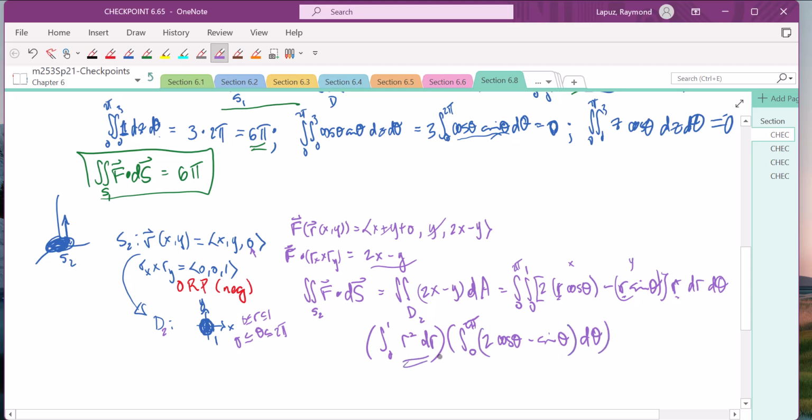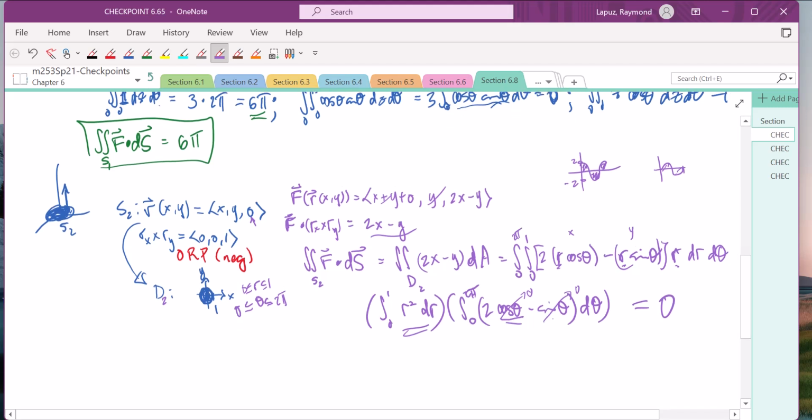And again, when we integrate cosine theta from 0 to 2 pi, the area on top and the area on the bottom are going to be the same, so this is going to give you 0. And the sine, the same thing. From 0 to 2 pi, those areas are going to be the same, one on top and one on the bottom, so that's going to be 0 as well. So this whole thing is going to give a contribution of 0.